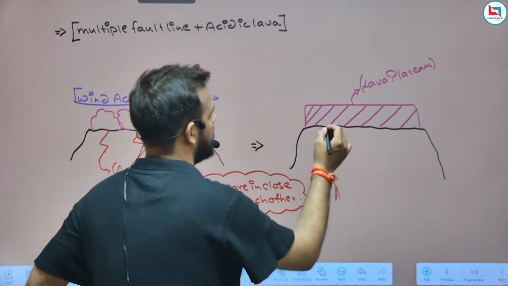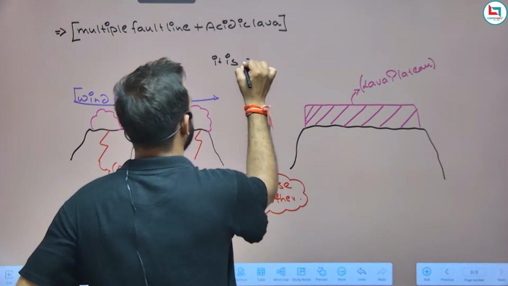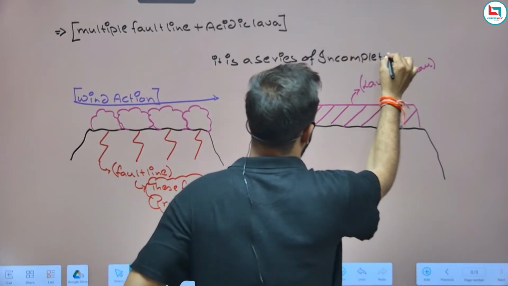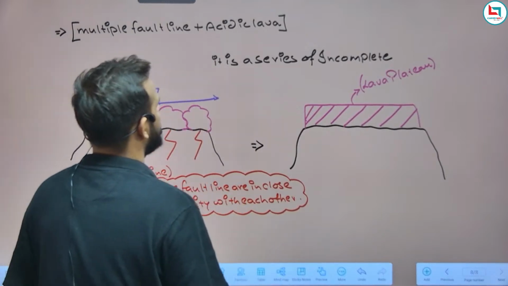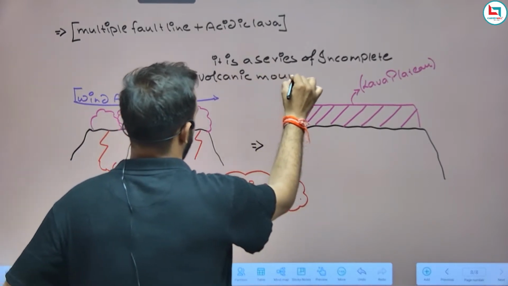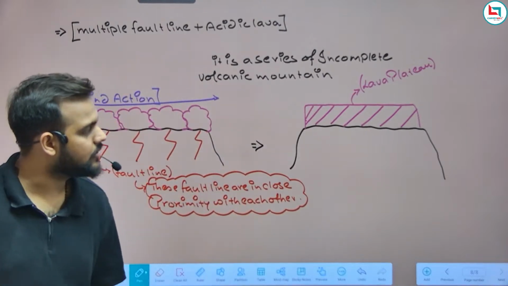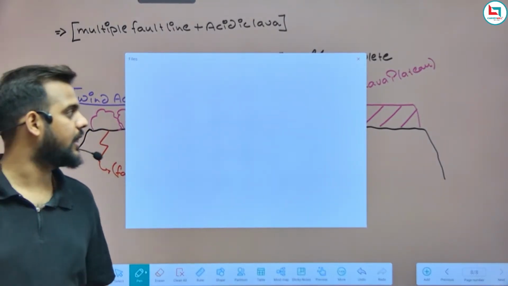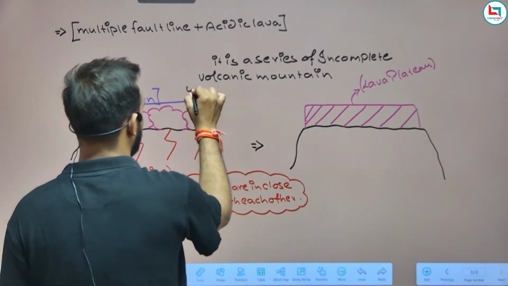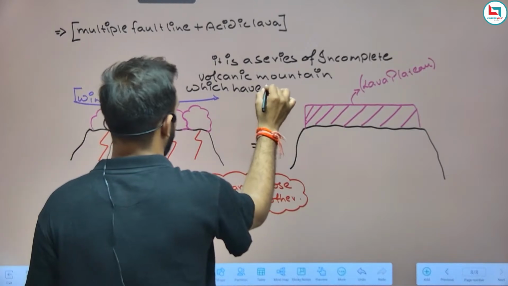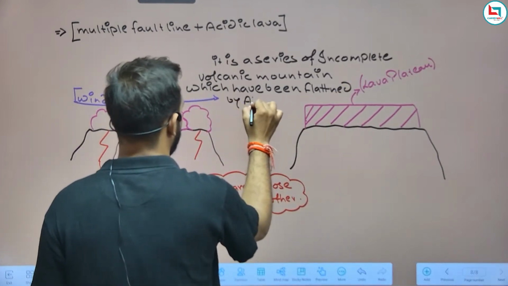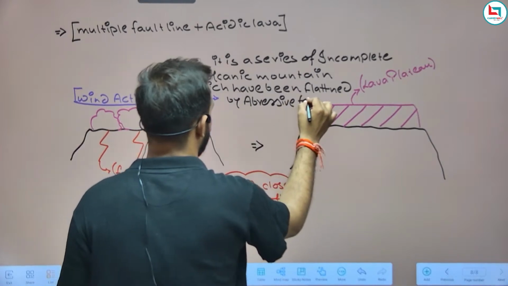It is a series of incomplete volcanic mountains which have been flattened by abrasive force.